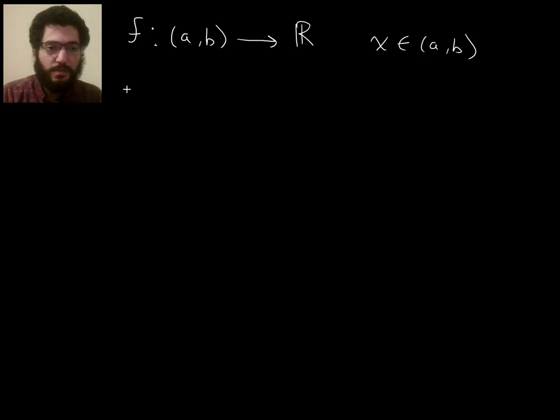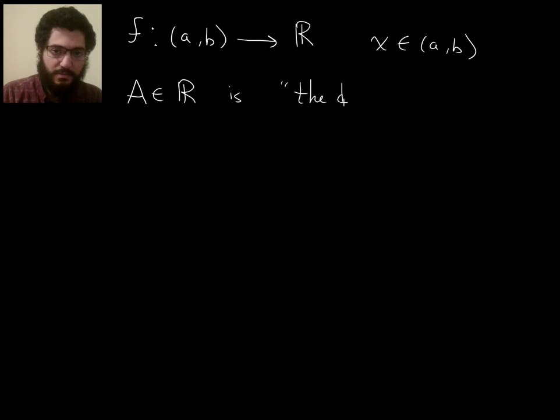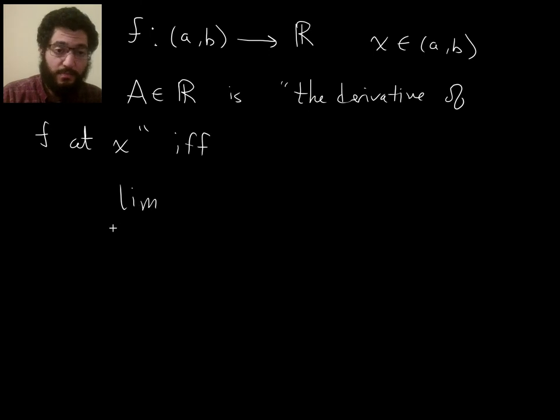So let's call it capital A. A real number is the derivative of f at x if and only if the limit that I'm going to write down exists and equals A.